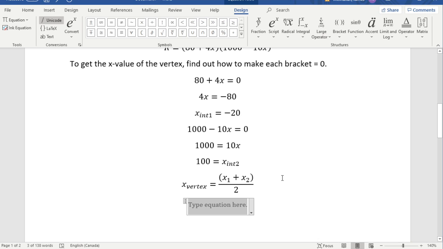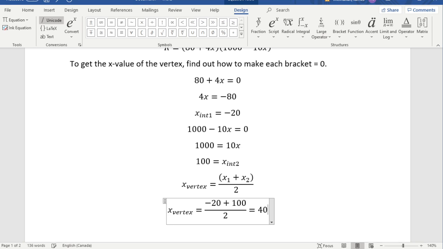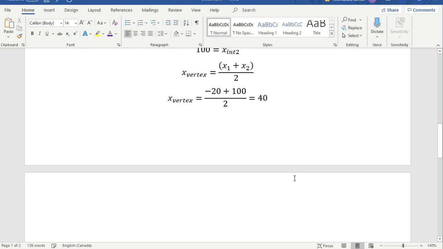What's halfway in between these two? Negative 20 plus 100 divided by 2, which of course is equal to 40. So what does this mean? This means the company should change the price, increase it 40 times. That's what x equals 40 means.